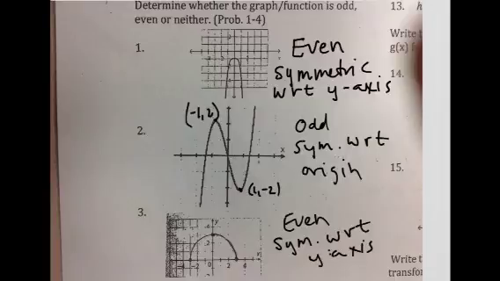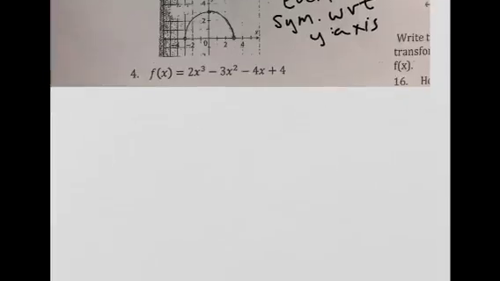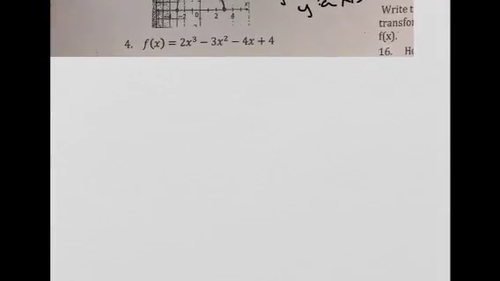Okay? For number 4, this is where we test algebraically to see if a function is even, odd, or neither. So for this one, replace all the x's with a -x.